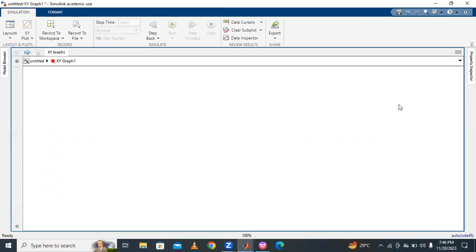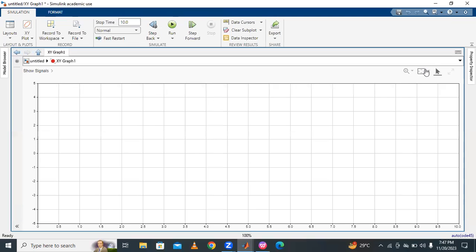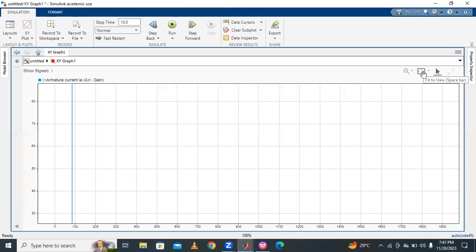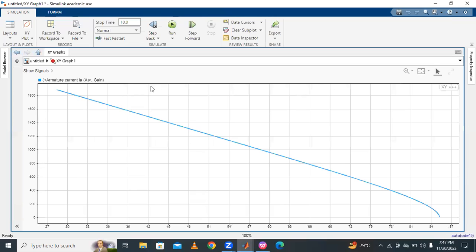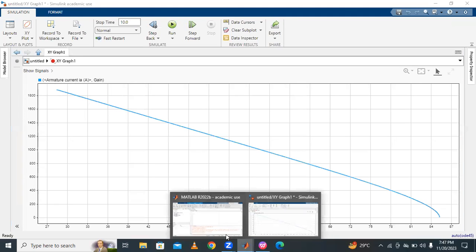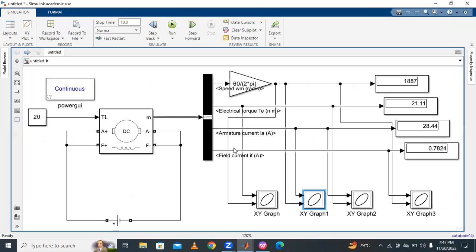Wait for some time, and it will be displayed automatically without changing any settings. Like this, speed versus armature current is a small drooping characteristic. This is the speed versus armature current characteristic of the DC shunt motor. Then the second one is over.